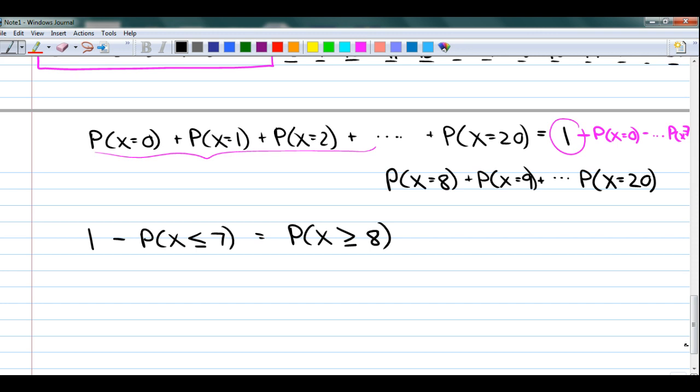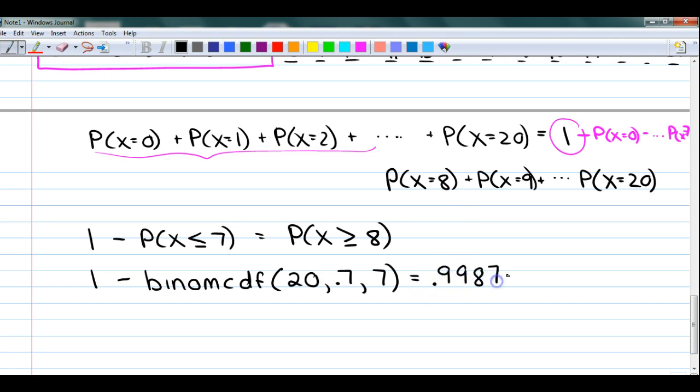Oh, my calculator will do the probability x is less than or equal to 7. I want 1 minus binomial CDF 20, 0.7, 7, and I get 0.9987 if I round to the 4th decimal place.